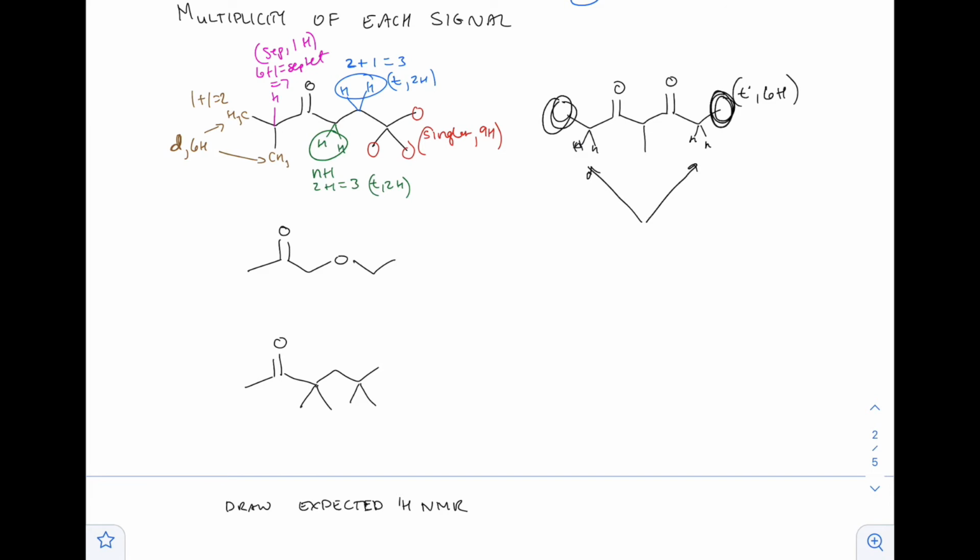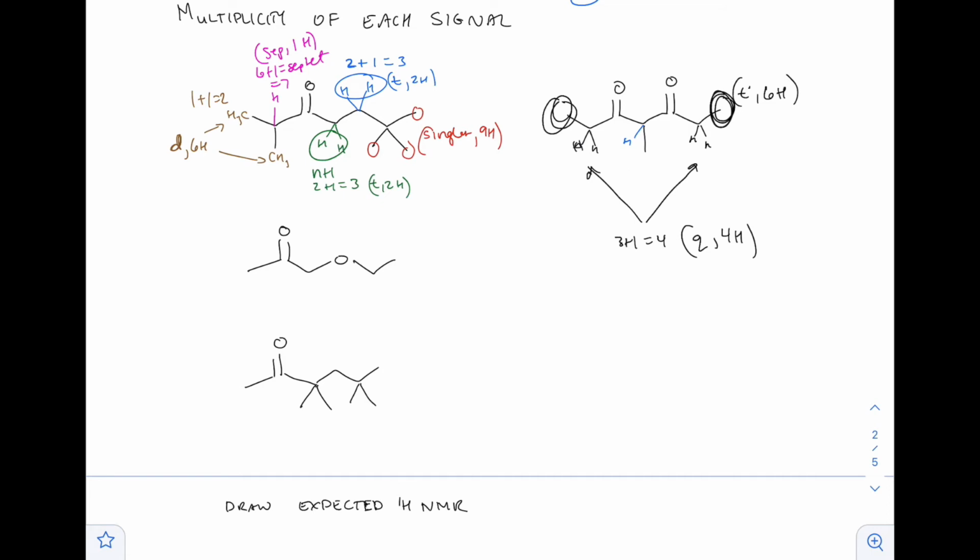We've got those 2 protons seeing the 3 protons, so it's going to be 3 plus 1 equals 4, which is a quartet, and then it's 4 hydrogens because there's 2 sets of them. There's a hydrogen here, so that's 1, 2, 3 bonds away from there, so that's coupling.